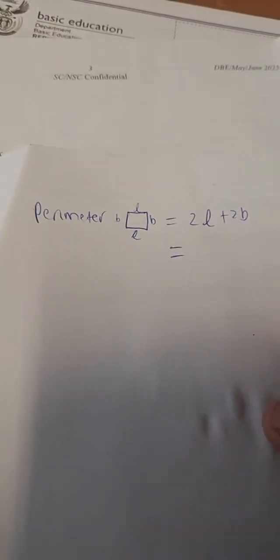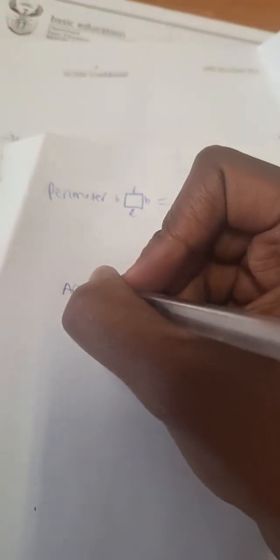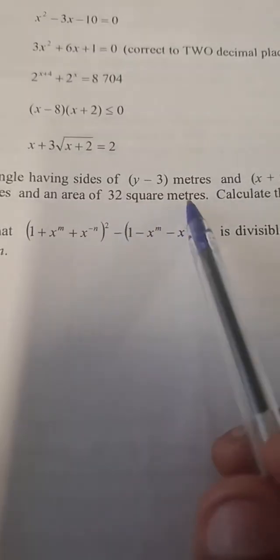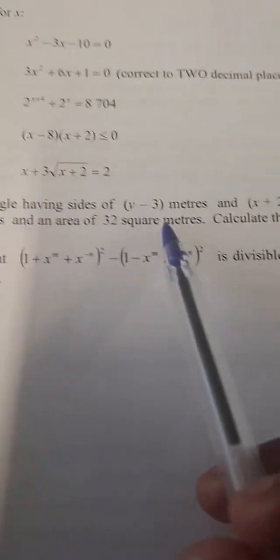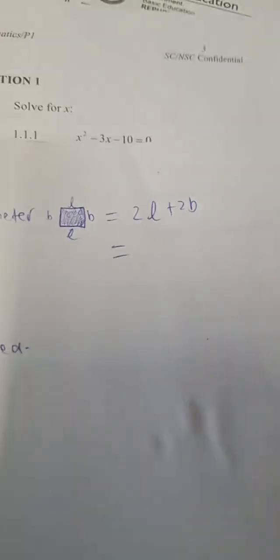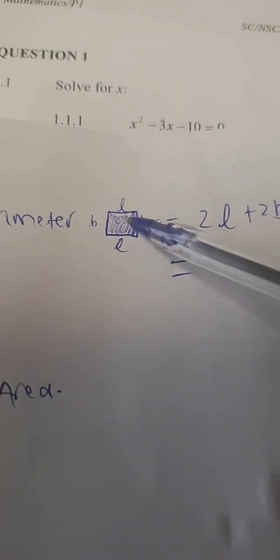And then from there, we want to check the other concept that is there, which is what? The area of 32 square meters is given for the rectangle. A what? An area. What is an area, guys? Area is the inside of the rectangle, measured in square units.